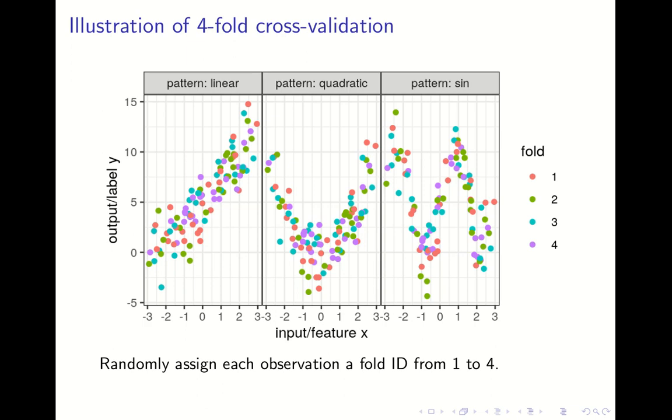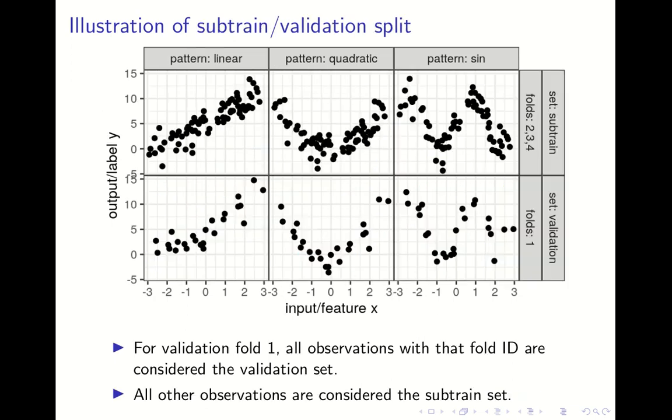The idea is that we're trying to get a random subset of the data every time, a representative subset for each one of the folds, so that we'll be able to use any one of them to test the algorithm. So for example, if we hold out test fold number 1 as a test set, we get something that looks like this.